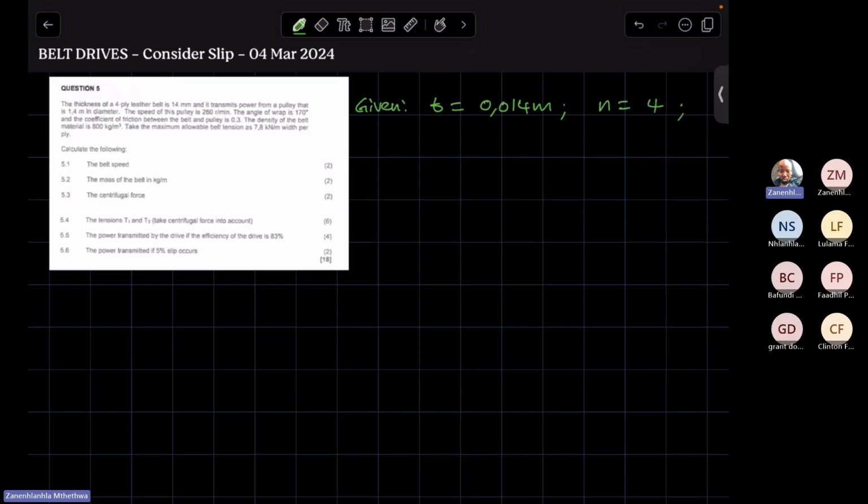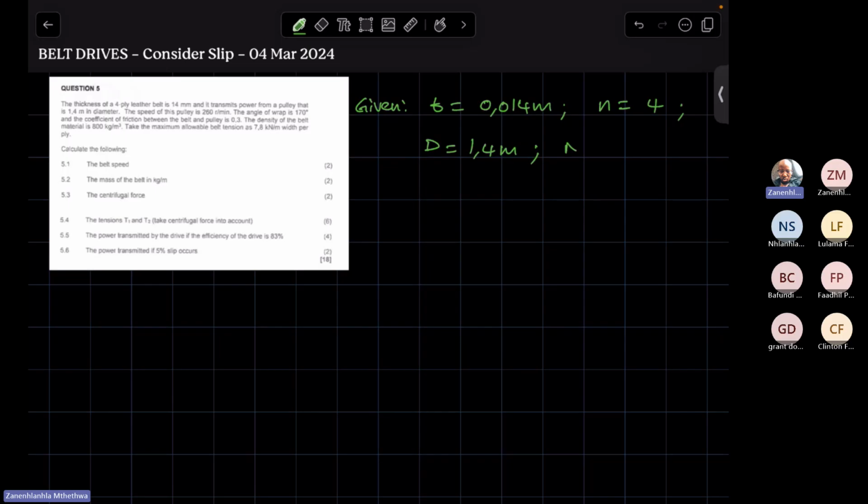And it transmits power from a pulley that is 1.4 meters in diameter. So we have the diameter of the pulley as 1.4 meters.